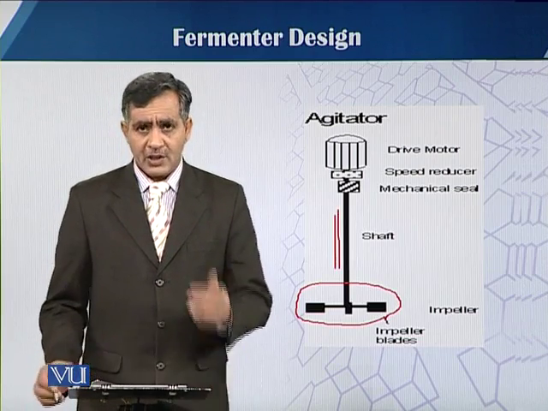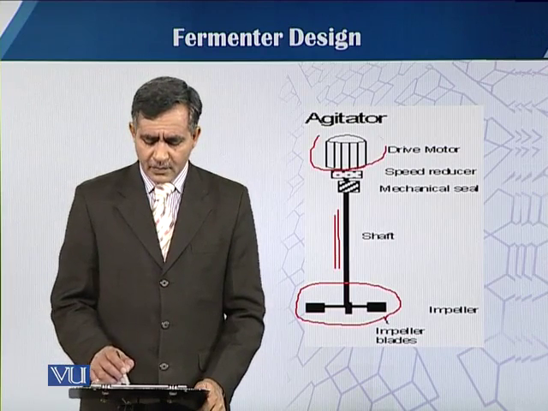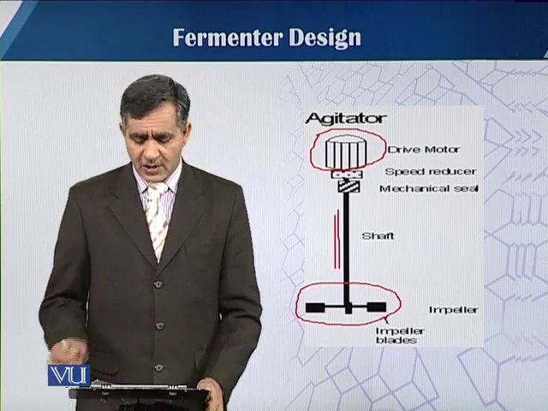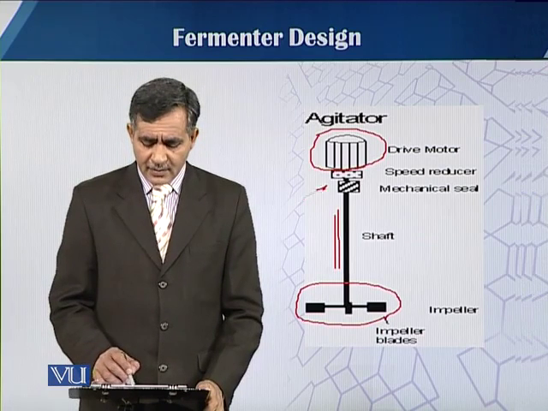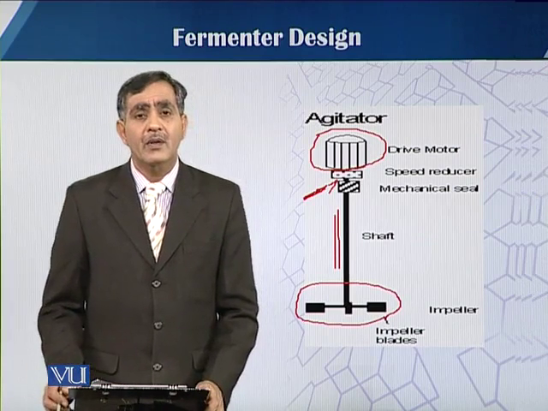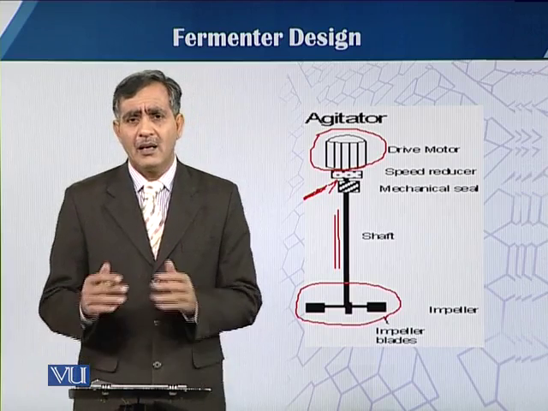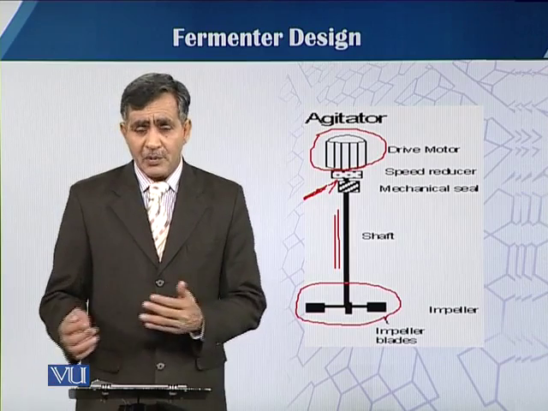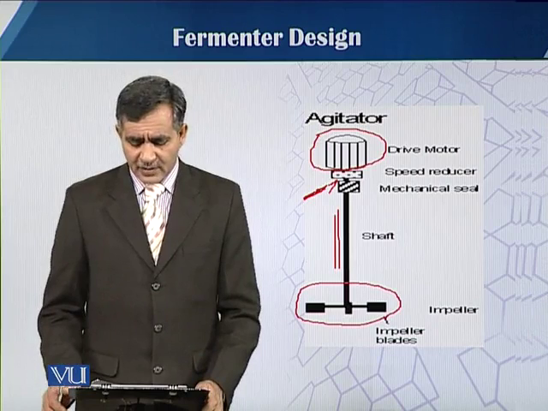This is the shaft, and then there is a motor. We know that the motor has to drive this whole system. Along with this, there is a sensor that senses the speed of the motor, by which we control the RPM of the agitation.